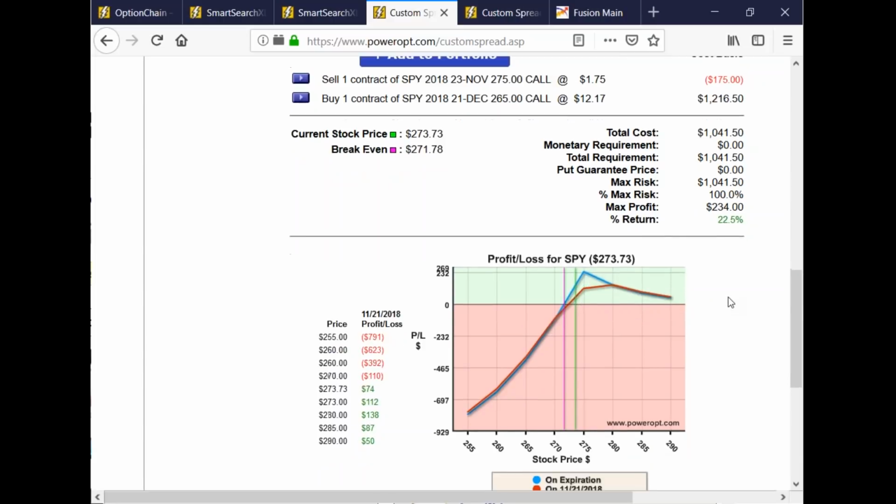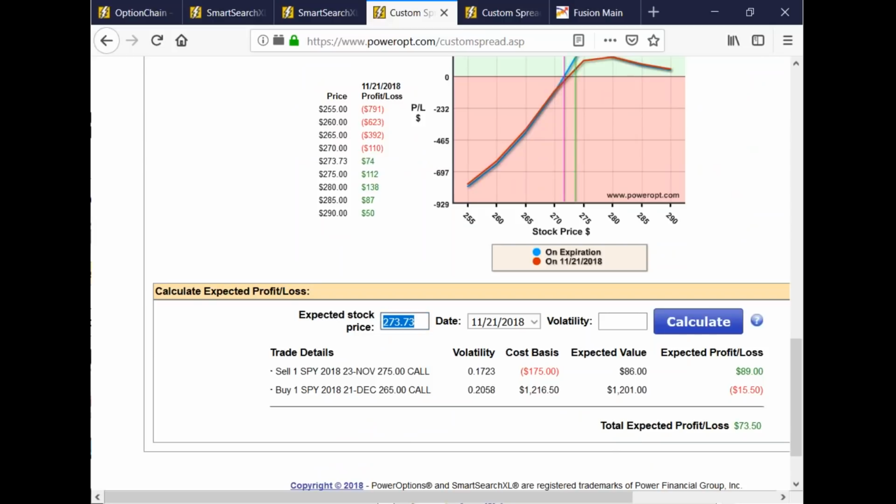It's using the Black-Scholes pricing model. So if I take this to 275 at expiration, keeping the volatilities about the same in this case, I paid $12.16 for the call, it moves up a couple points, estimated value is $12.76, I gain 60 cents. And I get the full 175.